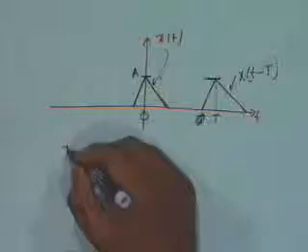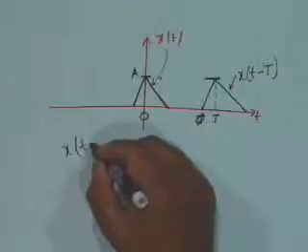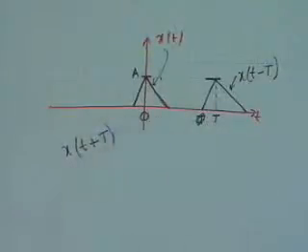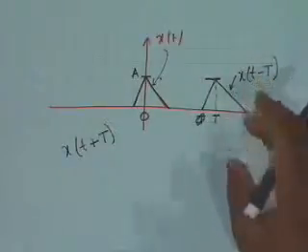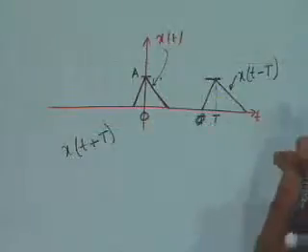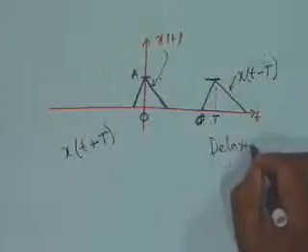If I want a left shifted signal, then I shall have an expression like x of t plus capital T instead of minus capital T. The negative sign here indicates that it is a right shift, a positive sign indicates that it is a left shift. Now, if the new signal occurs after some time compared to the original signal, then obviously it is a delayed signal.